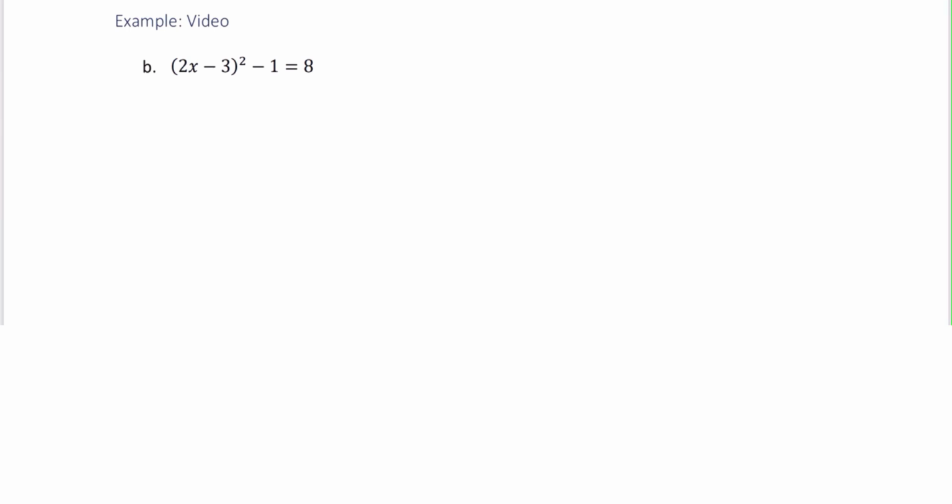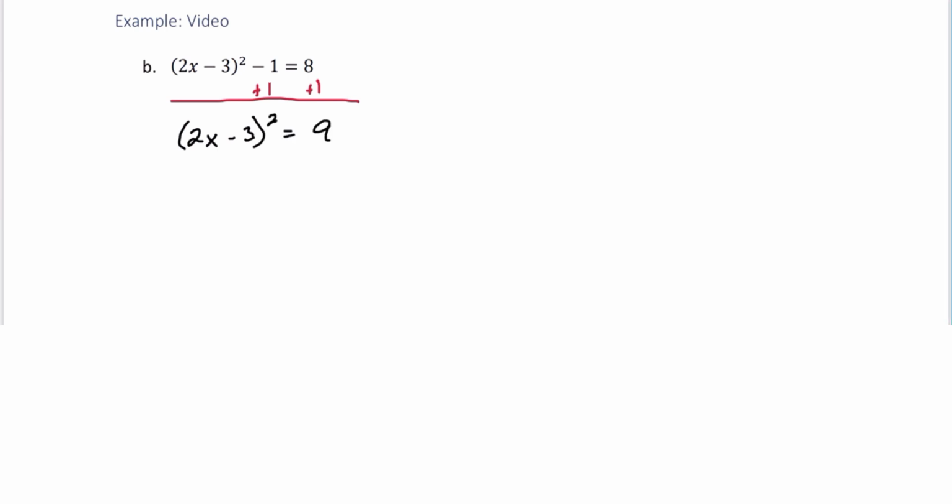In this example, notice that the squared quantity is not by itself. The first thing we need to do is isolate that quantity. We can do that by adding 1 to both sides of the equation. We now have 2x minus 3 squared equals 9.